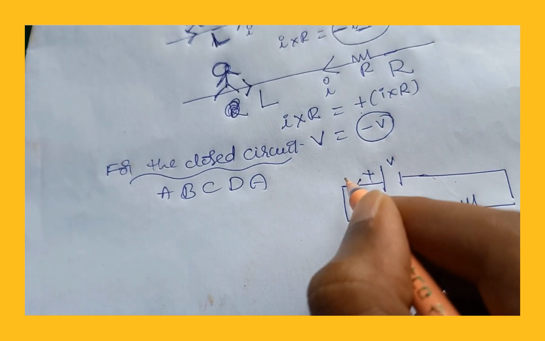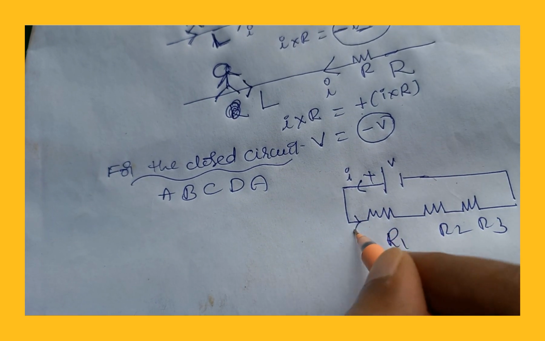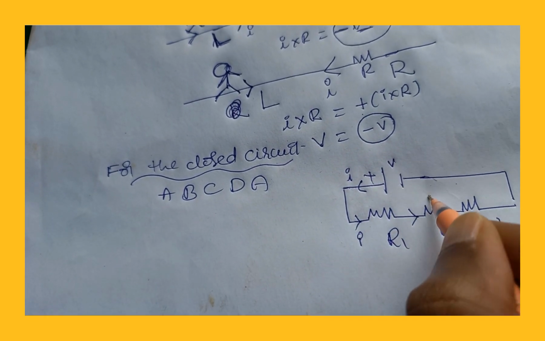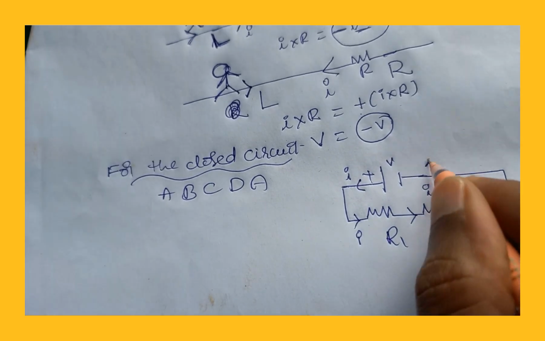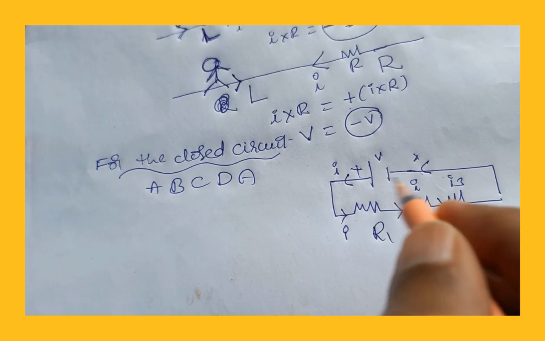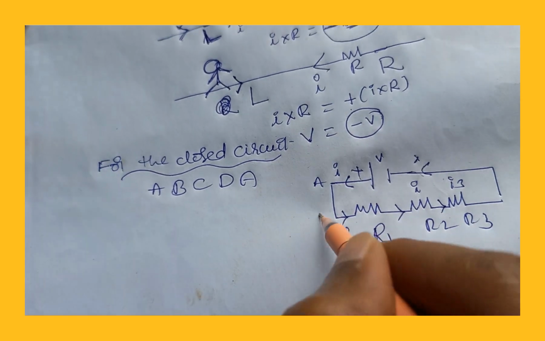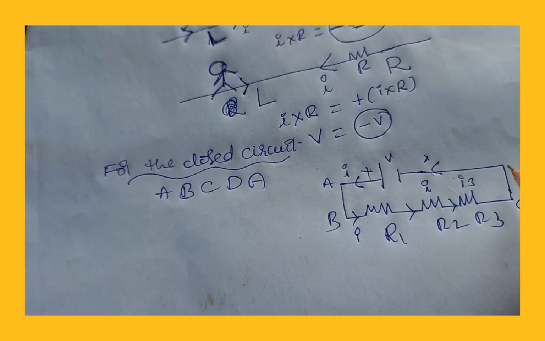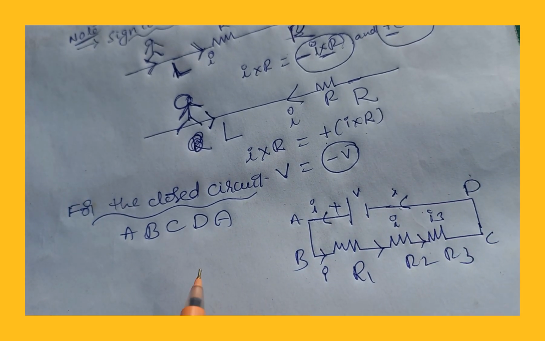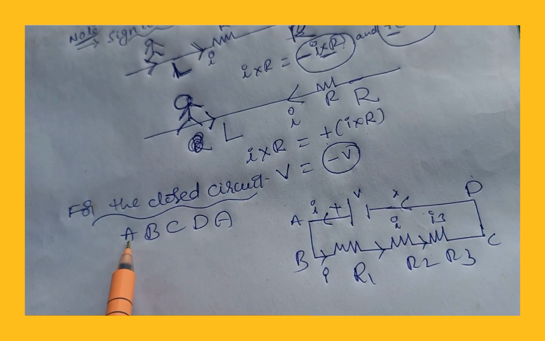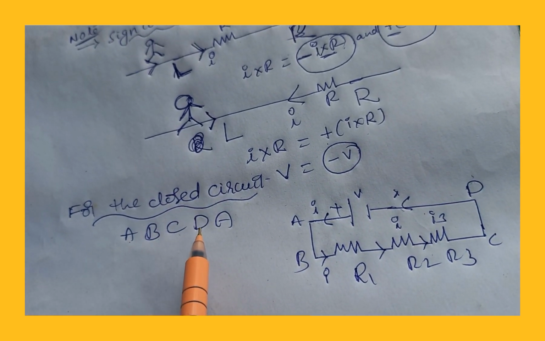Now current from the battery is I. Through R1 also I. Through R2 also I. Through R3 also I. So like that it is flowing. Now the closed circuit is named as A, B, C, D, A.